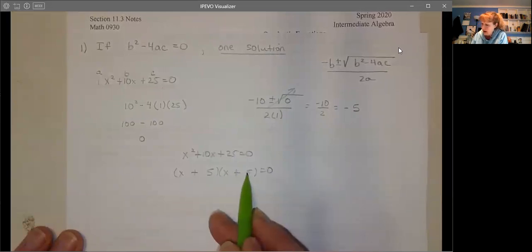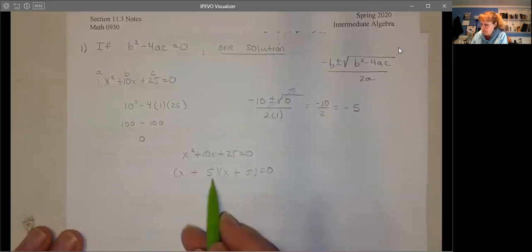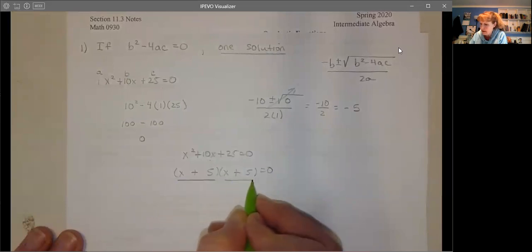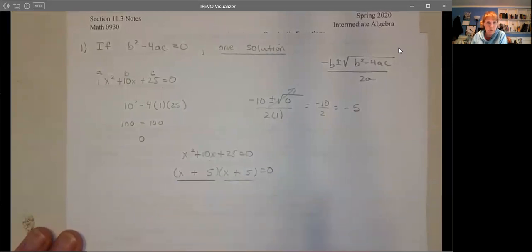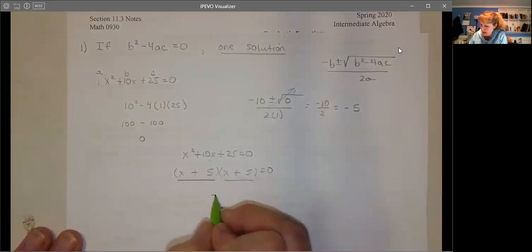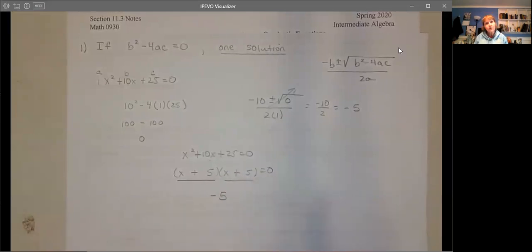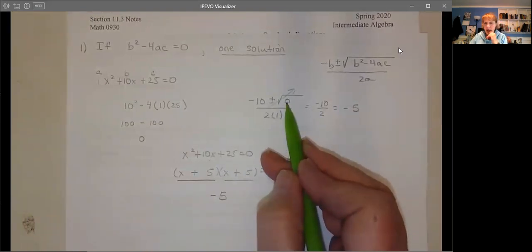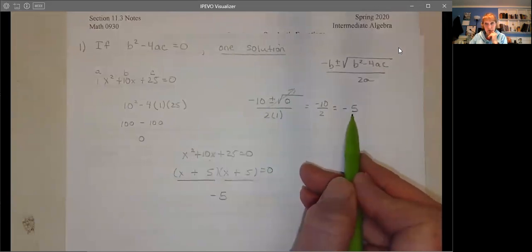So 5 and 5 multiplied is 25, 5x and 5x is 10x. Since they match, it doesn't matter which one you use, the solution is negative 5. So if you do get a 0 inside the radical, this part disappears, and you end up with one solution.